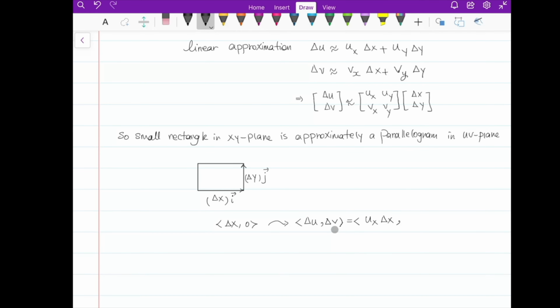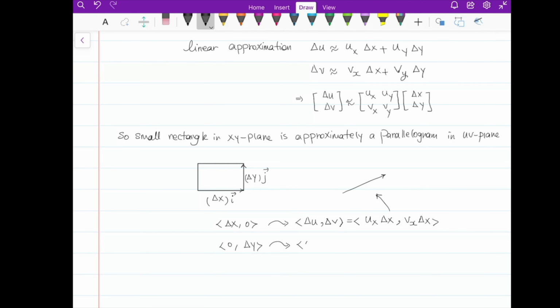And then the second coordinate, which is delta v, would be v_x delta x, and then delta y would be 0, so it becomes that. So this is this vector in here.